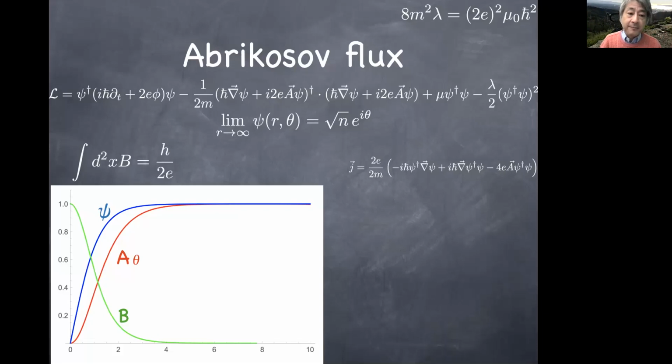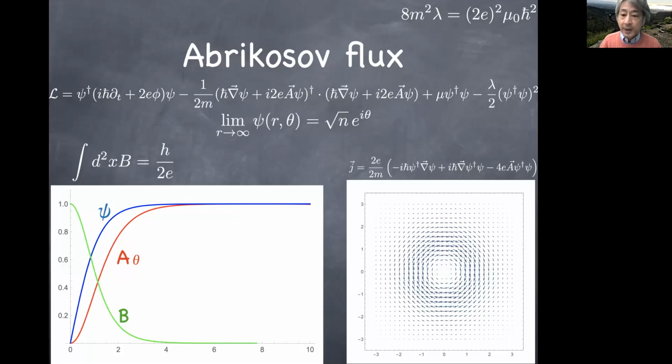And the total magnetic flux that goes through the superconductor, again, can be computed by the line integral of the A theta using Stokes' theorem, which precisely cancels this derivative. We know it's 2π h bar over 2e. So the theta integral gives you, again, h over 2e.